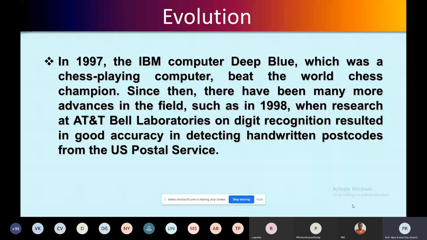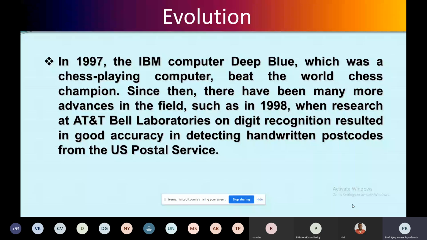And that was this pin code recognition. Imagine, in IIT Kharagpur, that is my first project as a teacher. Two projects were given by DST. One was this pin code recognition.